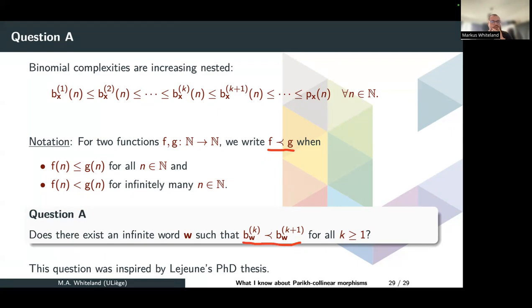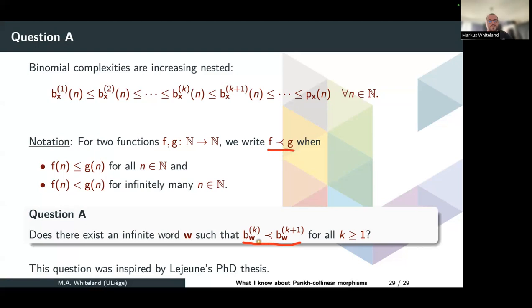Well, of course, we have trivial answers like the two-amorph morphism will have this property, and so will the binary Champernowne word, you will have this property holding as well.